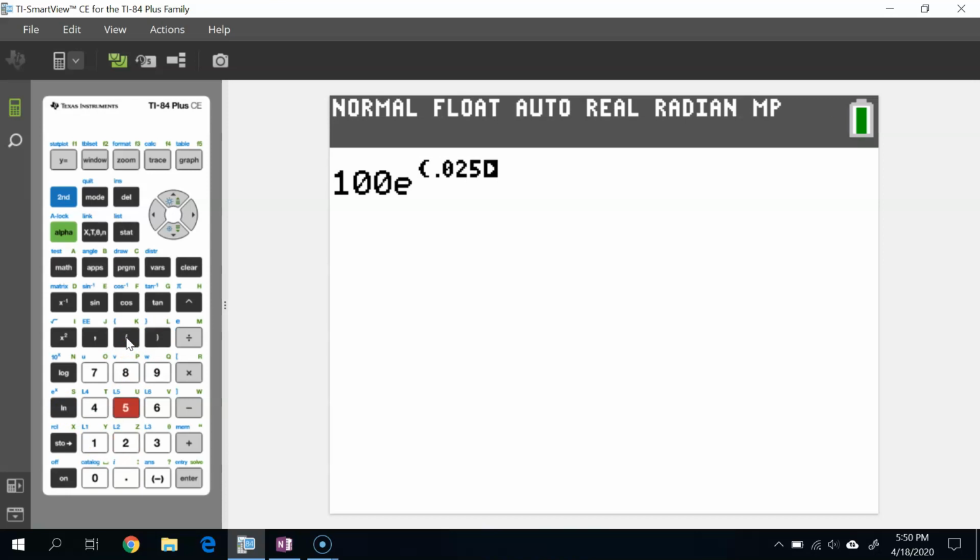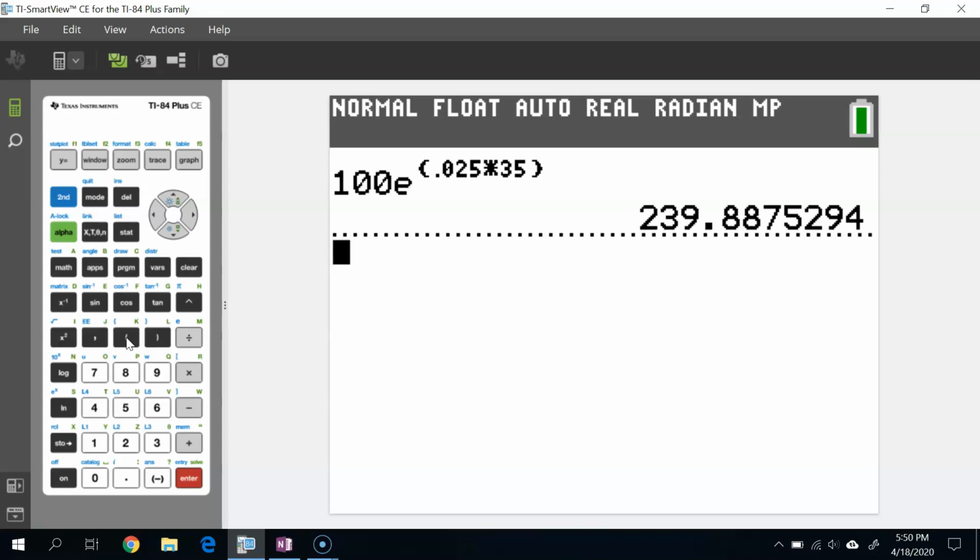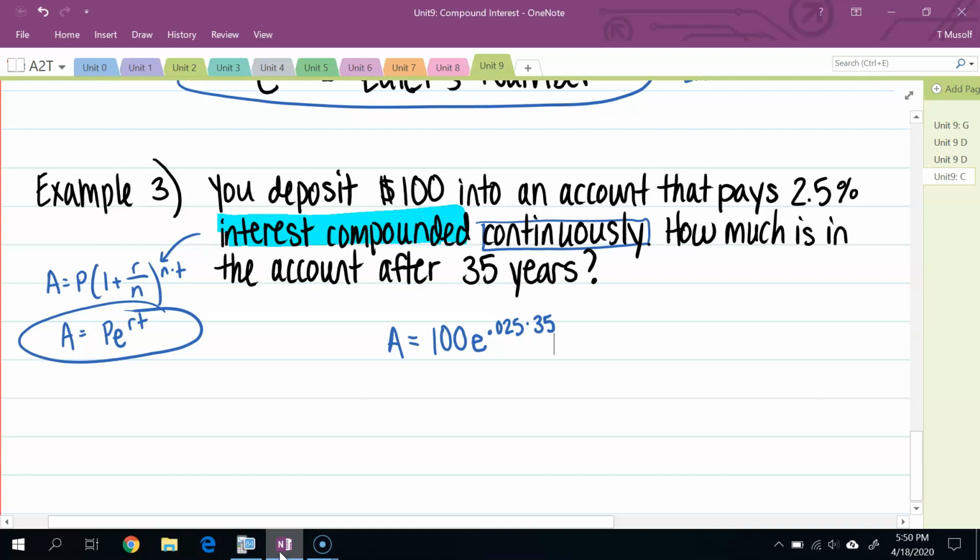It's going to be the rate times the time. Okay, and so that would be my total amount, $239.89 because of rounding. And again, remember units, just so we know what we're referring to.